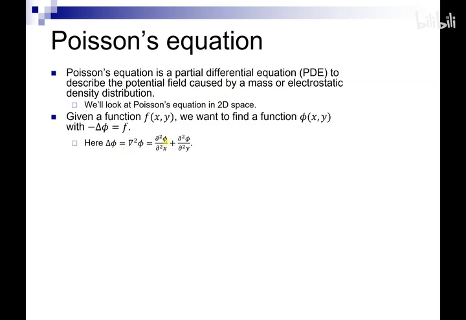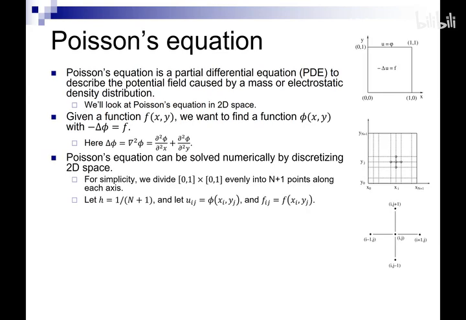The Laplace operator works in a 2D space, and phi is a function on this 2D space. The operator takes the second derivative of this function in the x direction and adds it to the second derivative in the y direction.